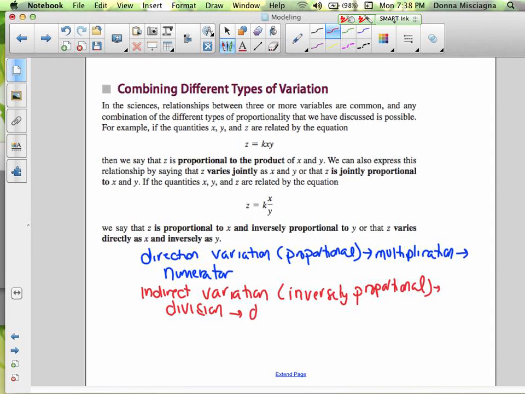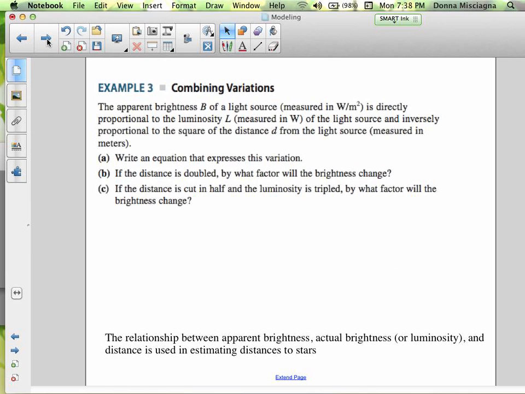And it's in the denominator. All right, so just need to figure out, is it proportional? Goes in the numerator. Is it inversely proportional? Goes in the denominator.